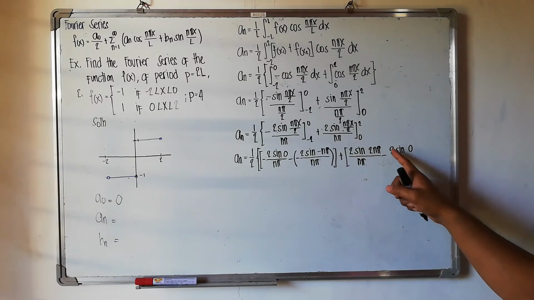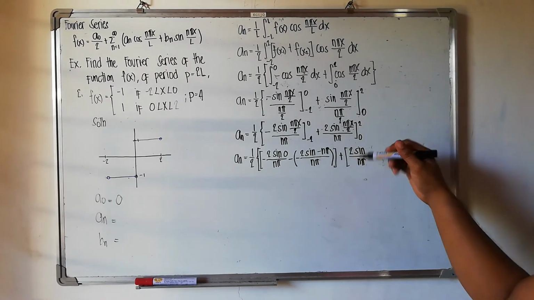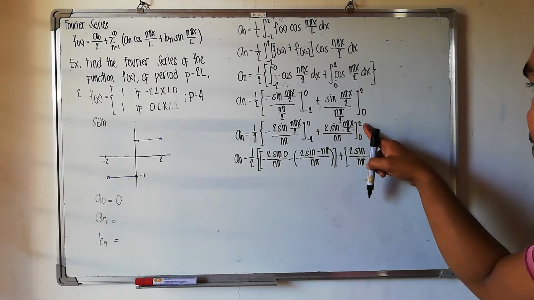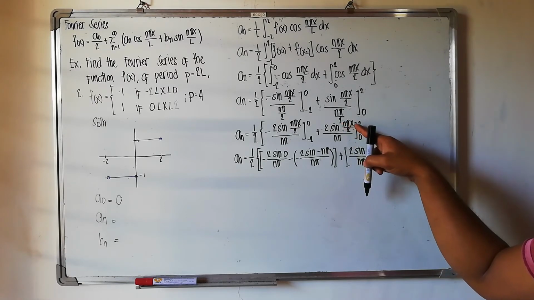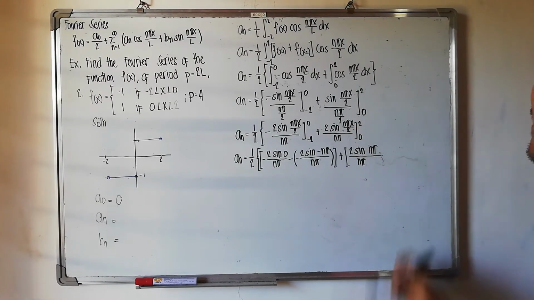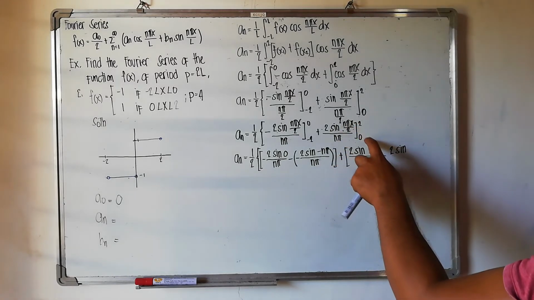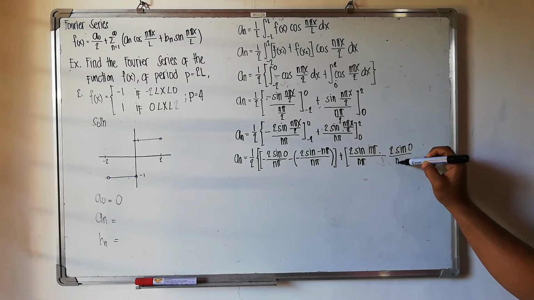So you have now, from your upper limit of this function, 2 sine n pi times 2, so that will be 2 n pi divided by 2, so that will be n pi, so this will be sine n pi, minus 2 sine n pi times 0, so that will be 0. 0 divided by 2, so this will be sine 0 over n pi.